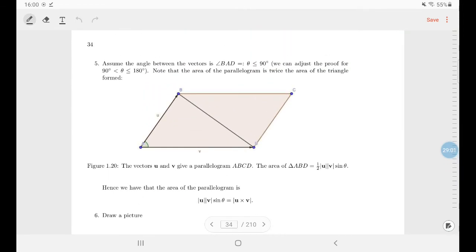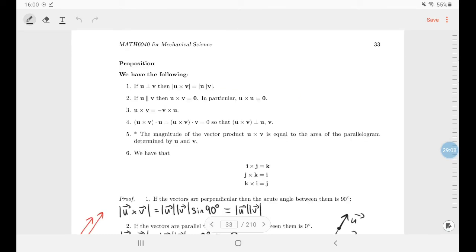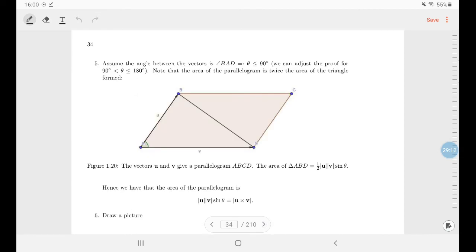Oh yeah, this is the thing about the parallelogram. I think it's saying that the magnitude of the vector product is equal to the area of the parallelogram. Now this is related to the fact that when the vectors have a big angle between them, the cross product is large. And so if the vectors have a big angle between them, the area of the parallelogram they make is quite big.